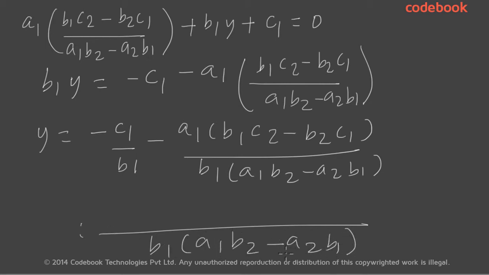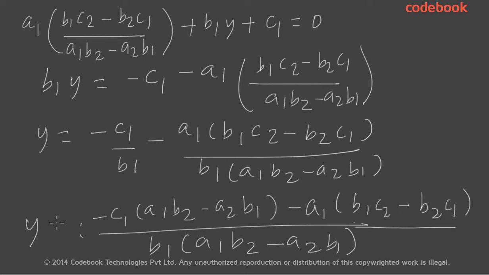So this is your LCM. So this becomes minus c1 times a1 b2 minus a2 b1. So here we have the same denominator, so pretty much we have a1 times b1 c2 minus b2 c1. So y is equal to this expression.